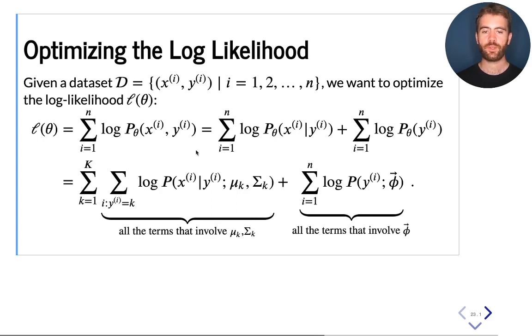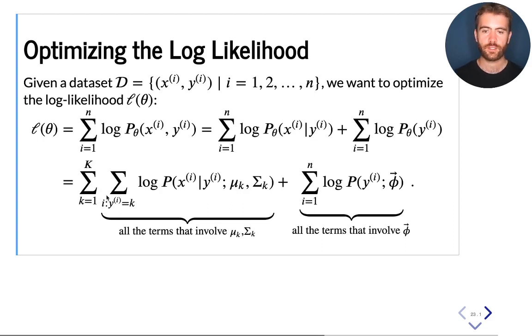So if I sum over all the classes, and for each class I sum the points in that class, I will end up summing over all the n training points. So this is just a different way of enumerating all the points in our training data set.